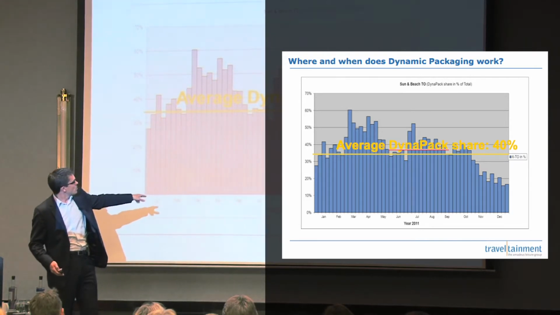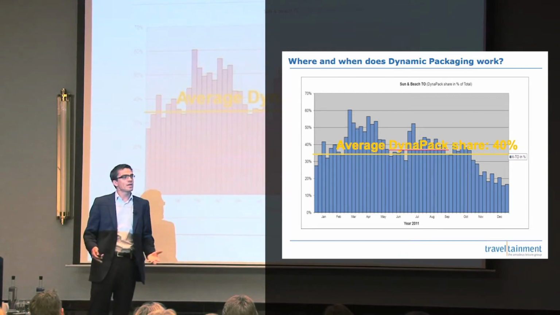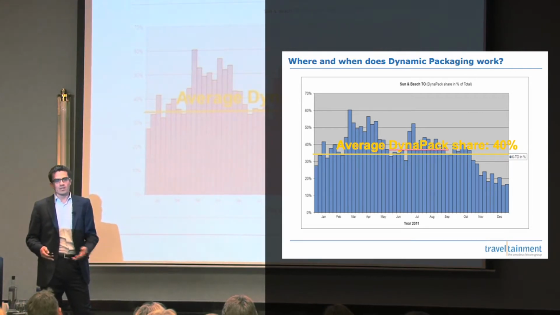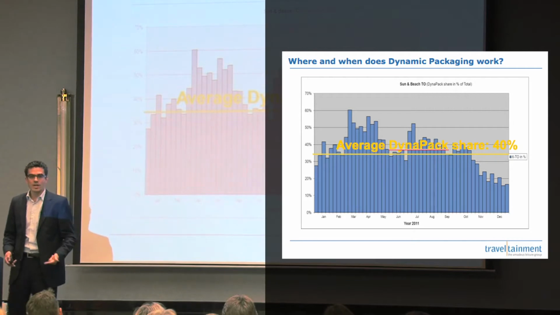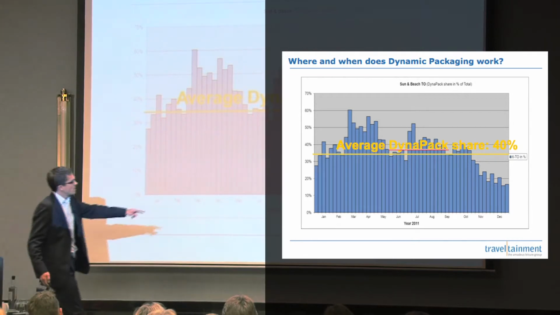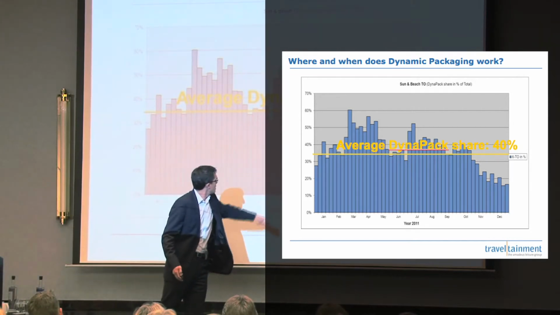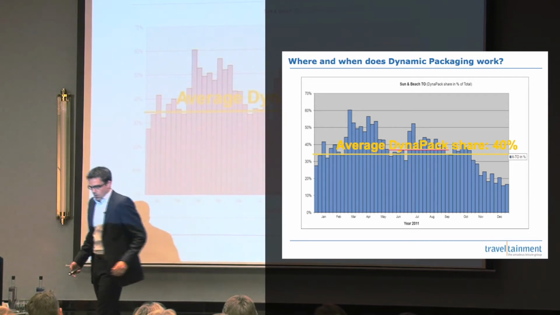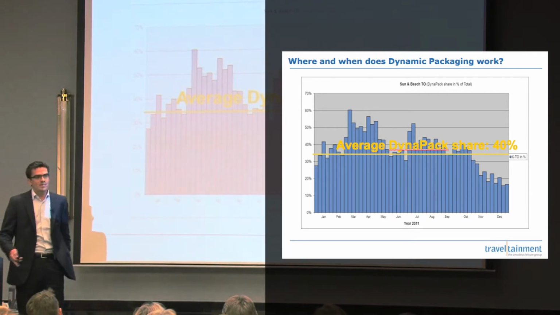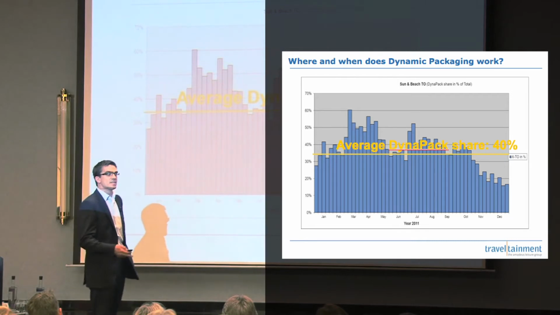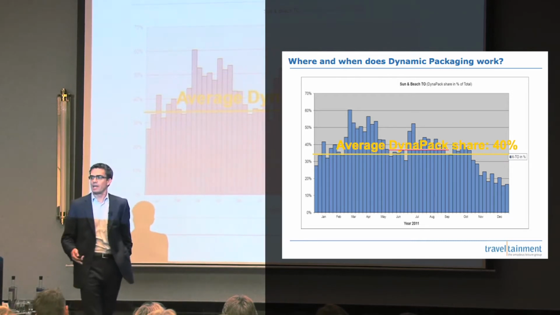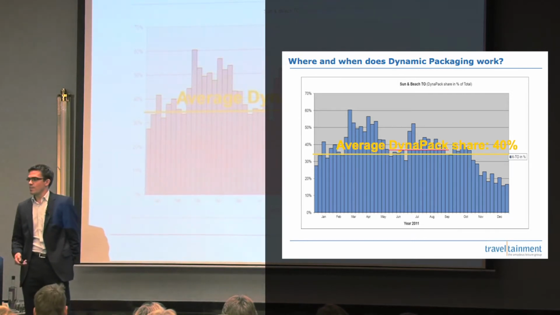But in low seasons, there's a lot of free capacity in the market from the different carrier types: scheduled air, low cost, and charter. You also see in the last-minute period in July and August that a lot of capacity is given into the market that is then taken by those dynamic packaging players to be packaged in their packages.